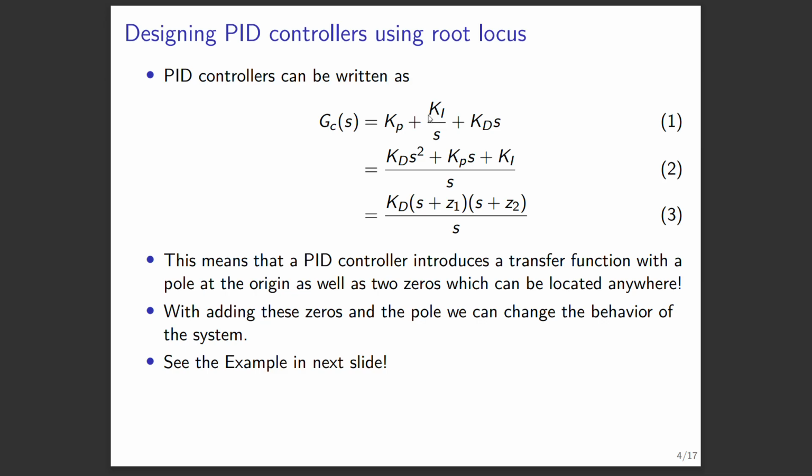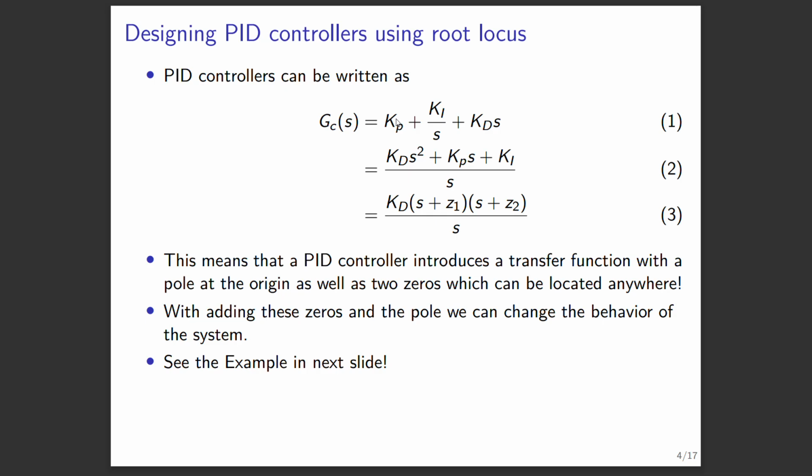The integral gain is multiplied by the integrator term 1 over s. And the proportional gain is just multiplied directly to whatever input we have. That's why it's called proportional gain.